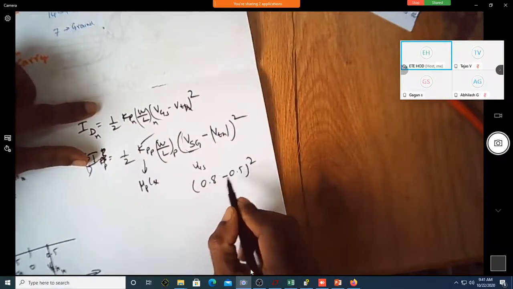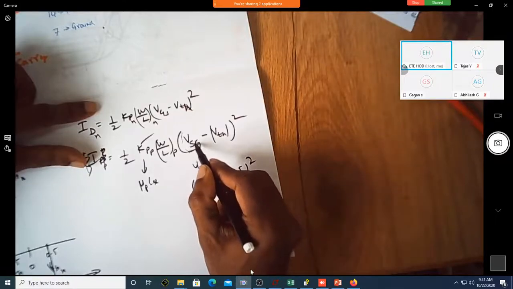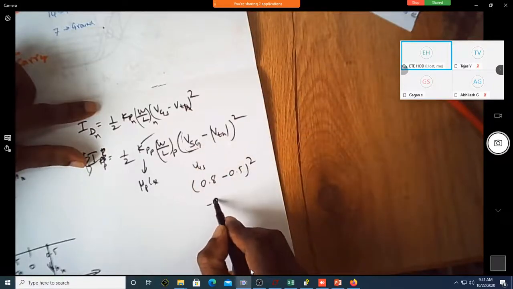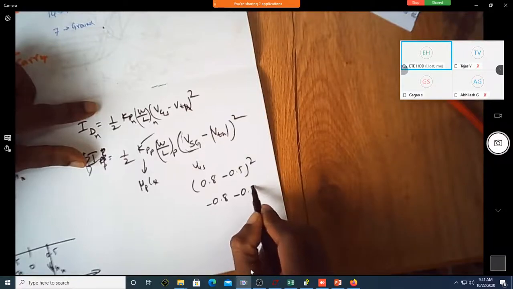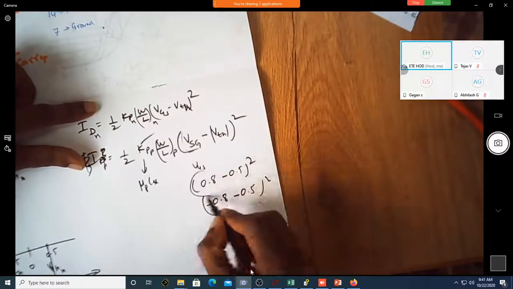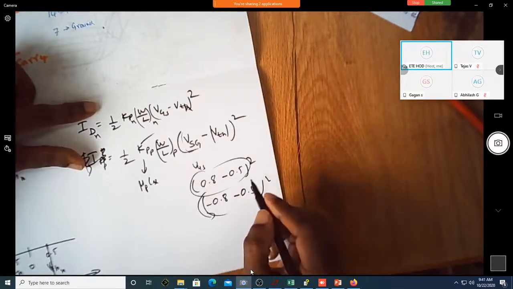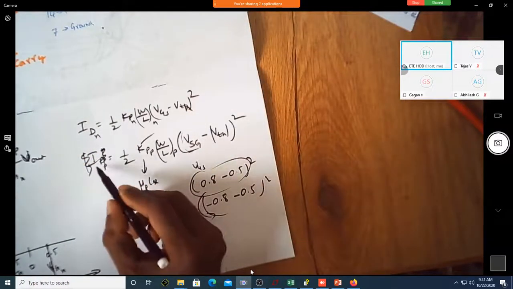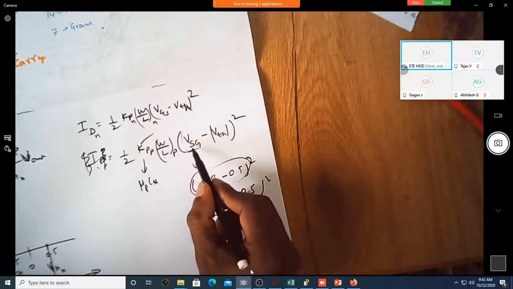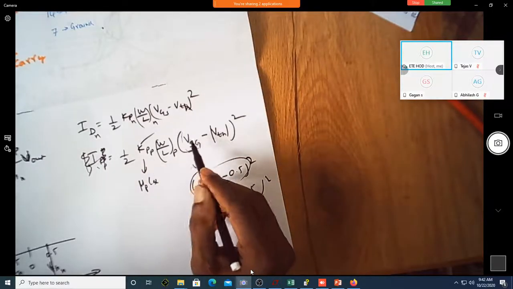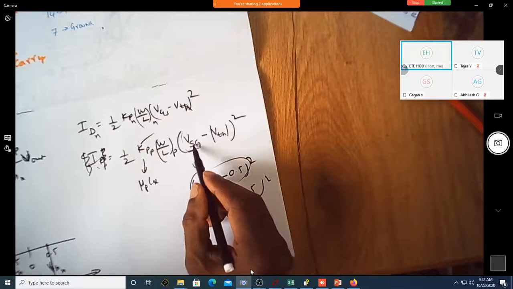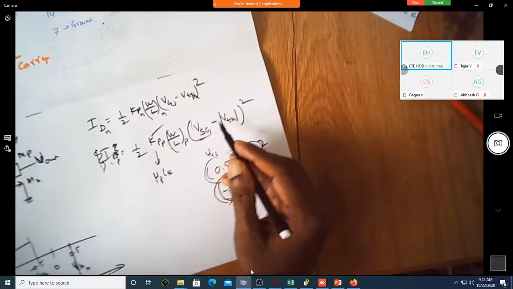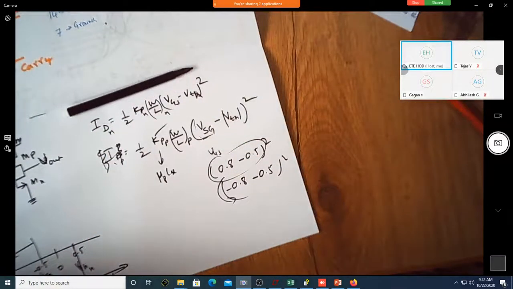This is fine. Suppose instead, if you write VGS, this will become minus 0.8 and this is minus 0.5, and these values will be totally different. So that's why, while writing the current equation for the PMOS transistor, write the magnitude of your VGS. Instead of VGS, write it as VSG. And you might have seen that.